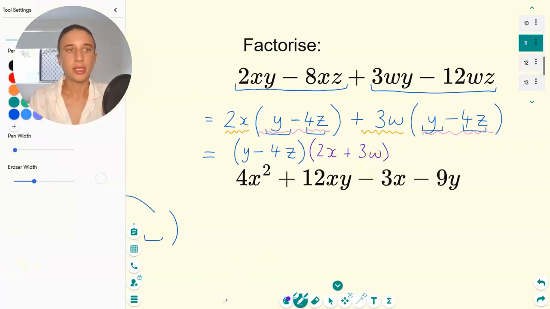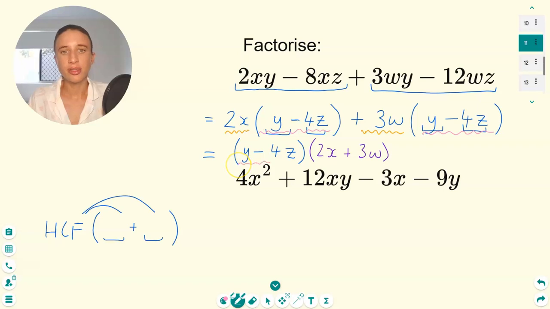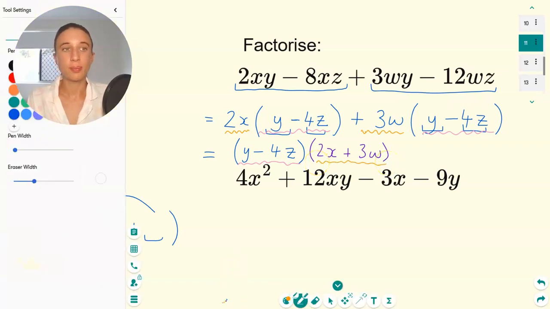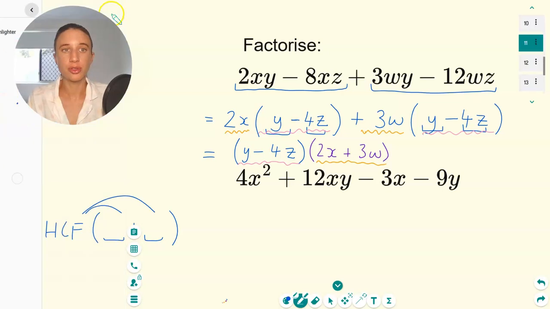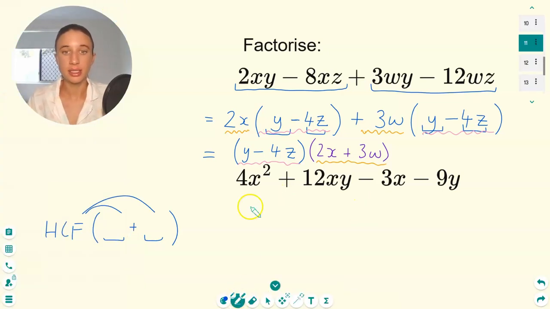So we've got the highest common factor at the front in pink, and then the factorized bit is whatever's left over. Now it takes a little bit to get used to, so don't be sad if you don't get it yet. Let's try it out with this next one.